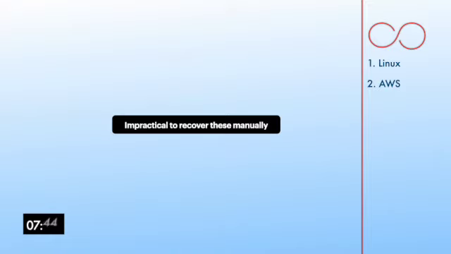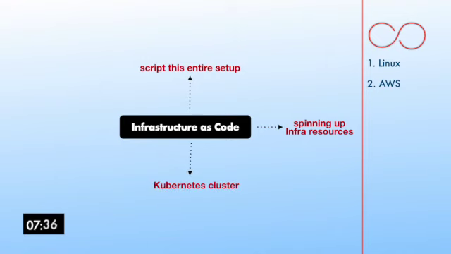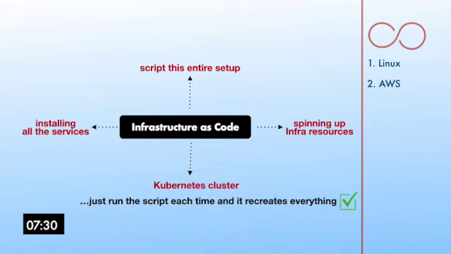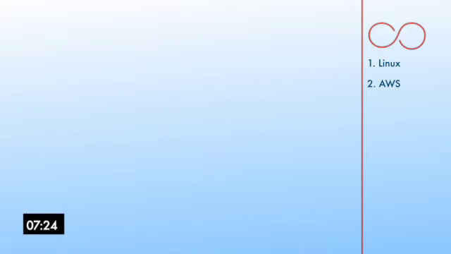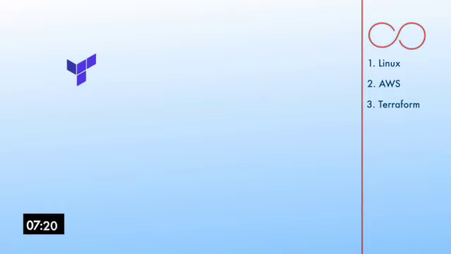So with infrastructure as code, we can code the entire setup, spin up infrastructure resources, set up a Kubernetes cluster, install all the services, and if something bad happens, we just run the scripts and recreate everything. In this category, Terraform is the most popular tool that allows infrastructure as code.